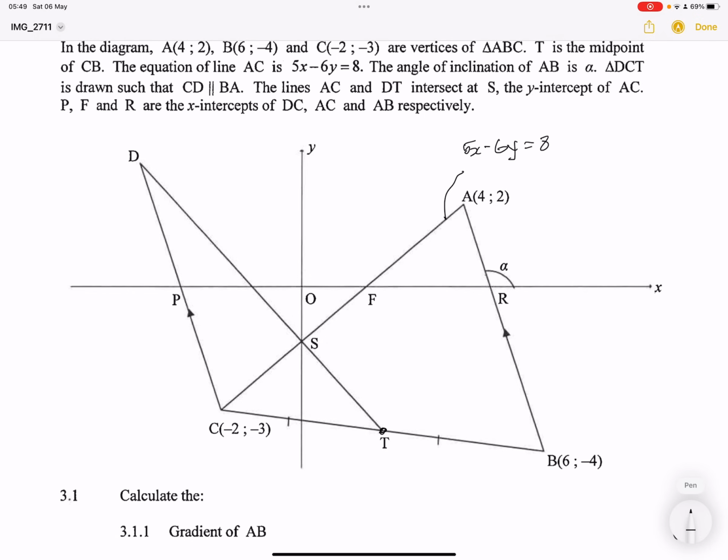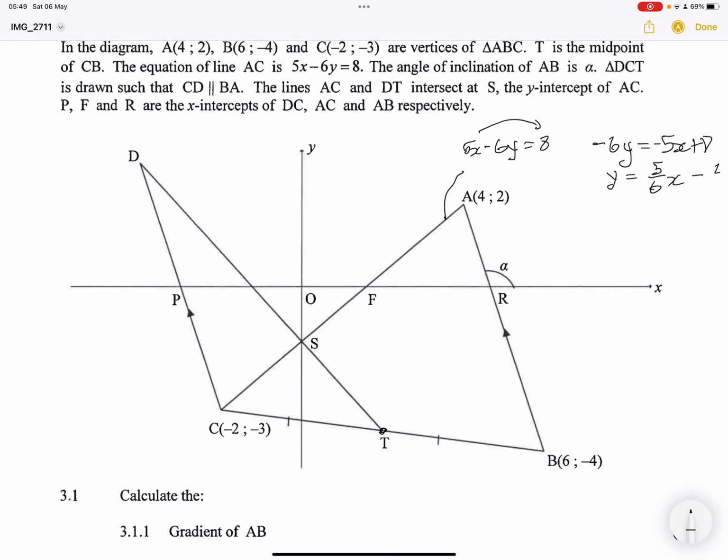So we're just going to simply say, this is going to be -6y equal to, if I take 5x to the other side, it becomes -5x + 8. So if I divide by negative 6, y will be equal to 5/6 x, minus, remember I'm dividing by a negative there, so that's 8/6, which would be the same as 4/3.